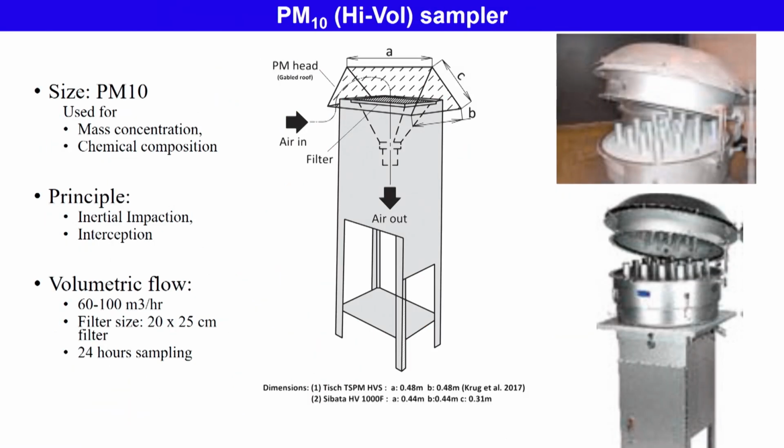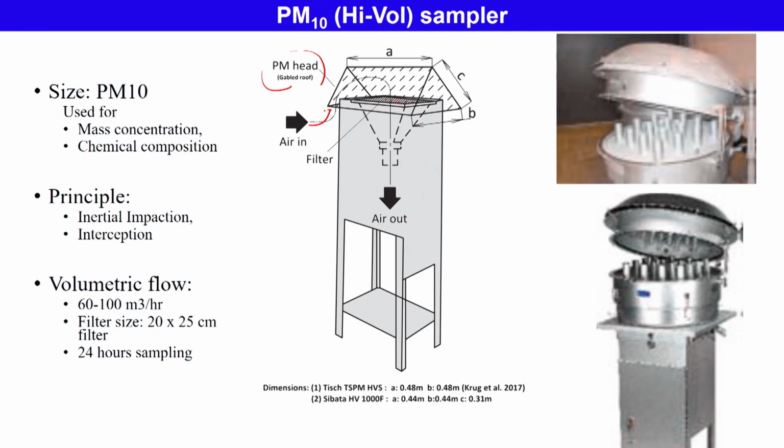This is actually a kind of schematic. If you see this one, I was trying to tell you. This is the particulate matter head that looks like this, and in this one you have the filter holder, the filters, and the filter substrate that is put in the cascade of the filter sampler.